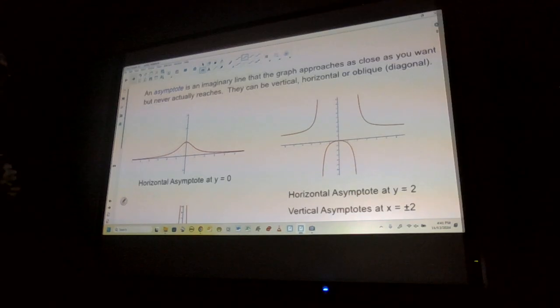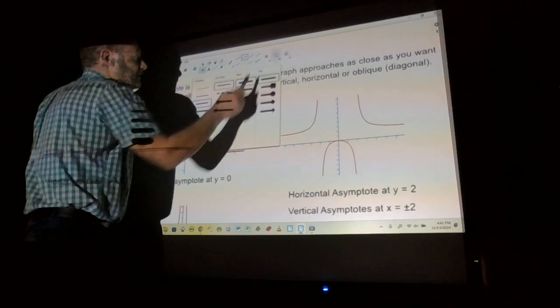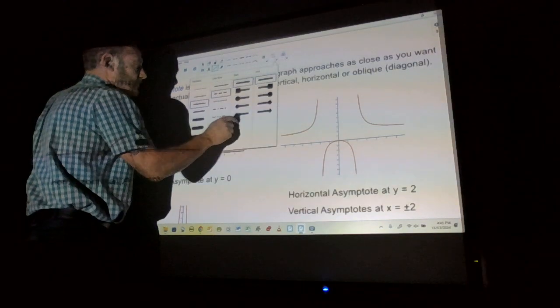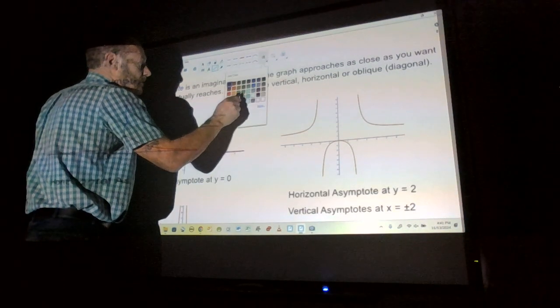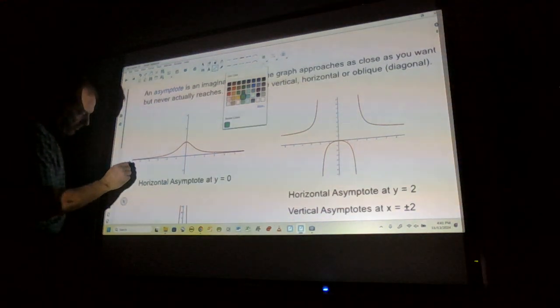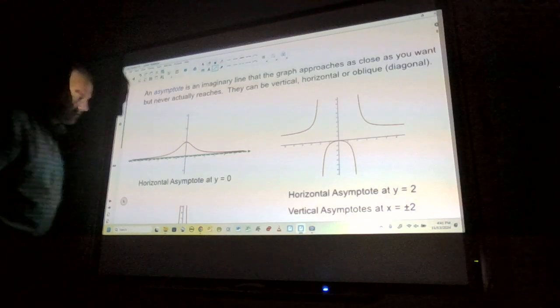Okay, an asymptote is an imaginary line that the graph approaches as close as you want but never actually reaches. They can be vertical, horizontal, or oblique. Oblique means they're diagonal. So if I look at this right here, you can see it has a horizontal asymptote right there at 0.